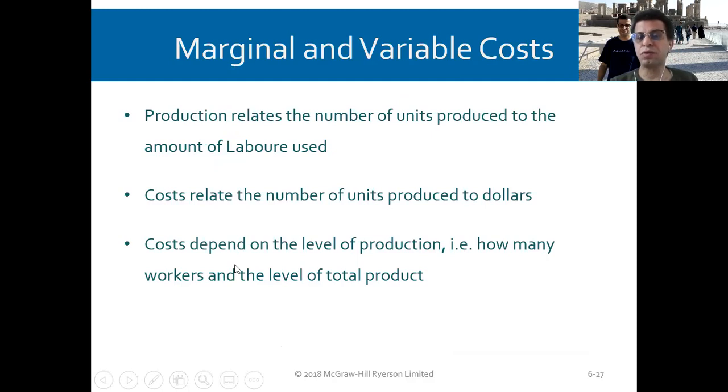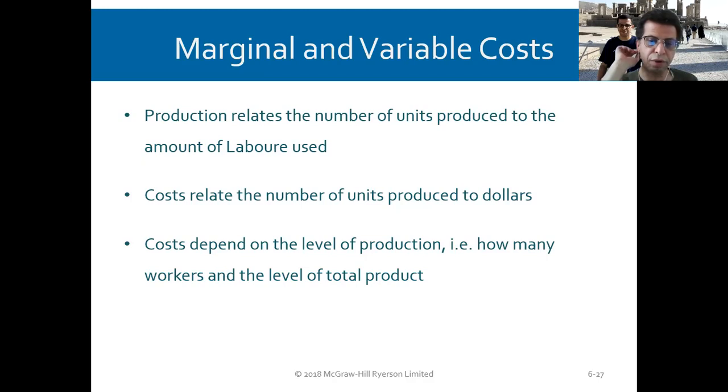Now, there's something called the marginal cost and the variable cost. In the marginal cost, production relates the number of units produced to the amount of labor used. Cost relates the number of units produced to dollars.